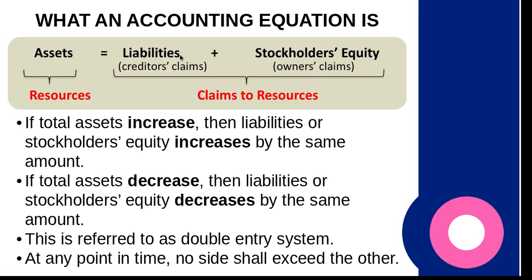In that transport business, your liability is 1.5 and your shareholders' fund, that is the owner's fund, is 1 million. The two together is 2.5 million, equating the cost of the asset, which is the vehicle.